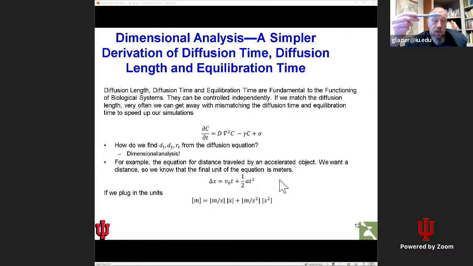The force in a gravitational field is a constant times the mass. So d squared x by dt squared is equal to the gravitational constant, and the mass cancels out.